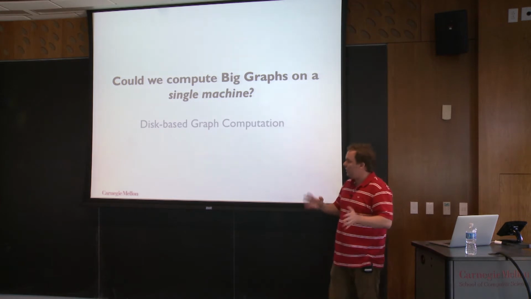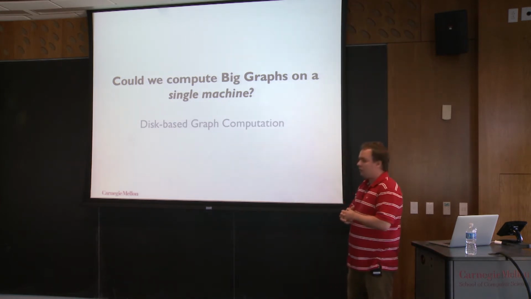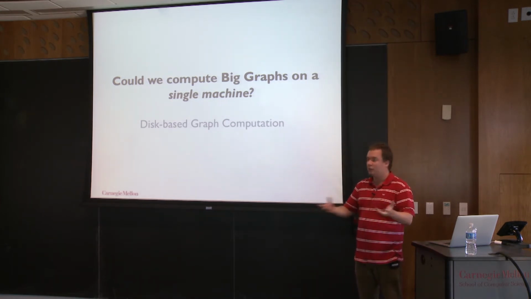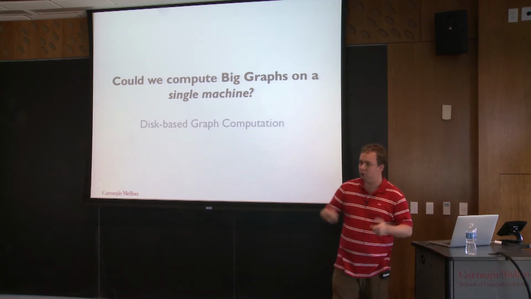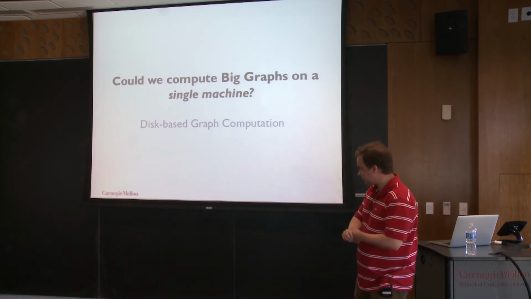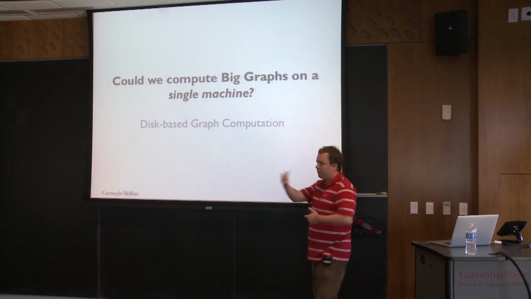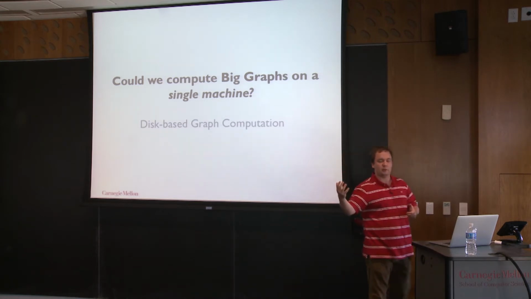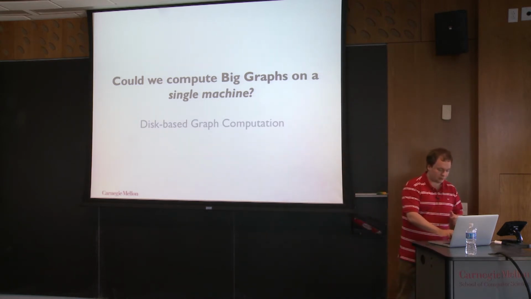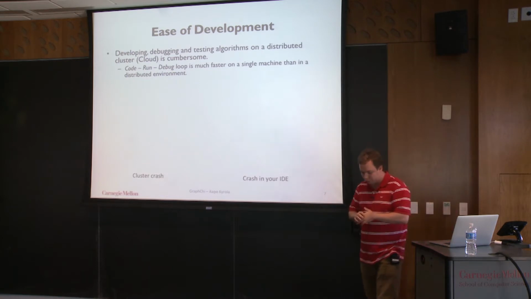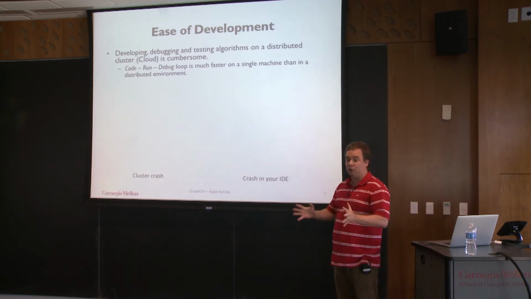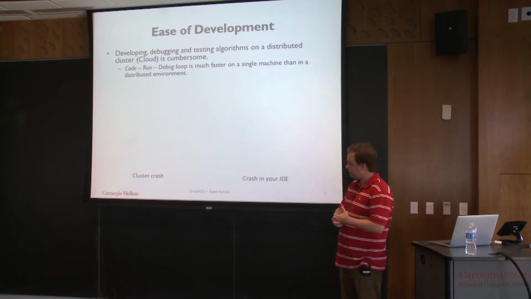So can we do that, and why would we do that? Can't we just use the cloud? In the cloud, you put your credit card in and you get solutions back, right? But from our perspective, as people who actually write these algorithms for analyzing graphs, writing distributed algorithms is quite hard.